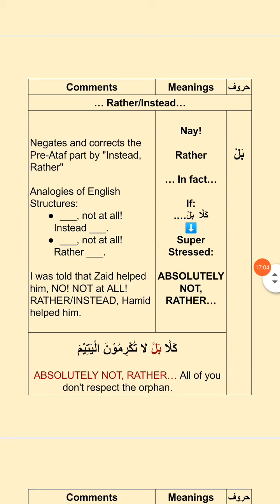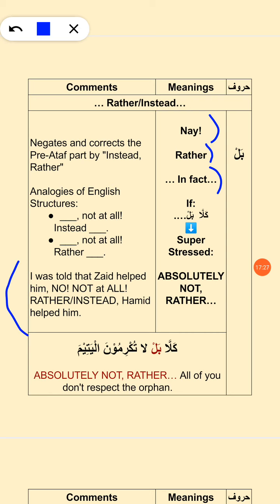Bal is a very interesting harf. It means nay, or rather, or in fact. Now look at this sentence. For example, I was told that Zaid helped. No, not at all. Instead, Hamid helped him. So what do you see?